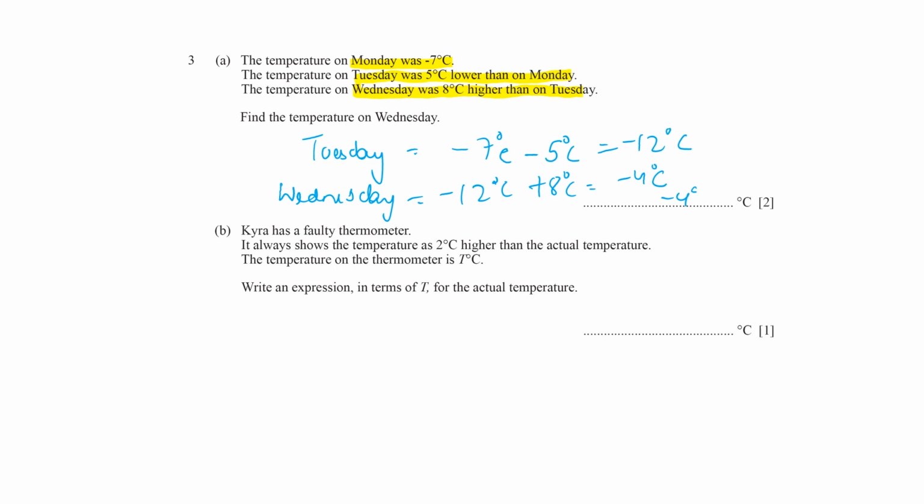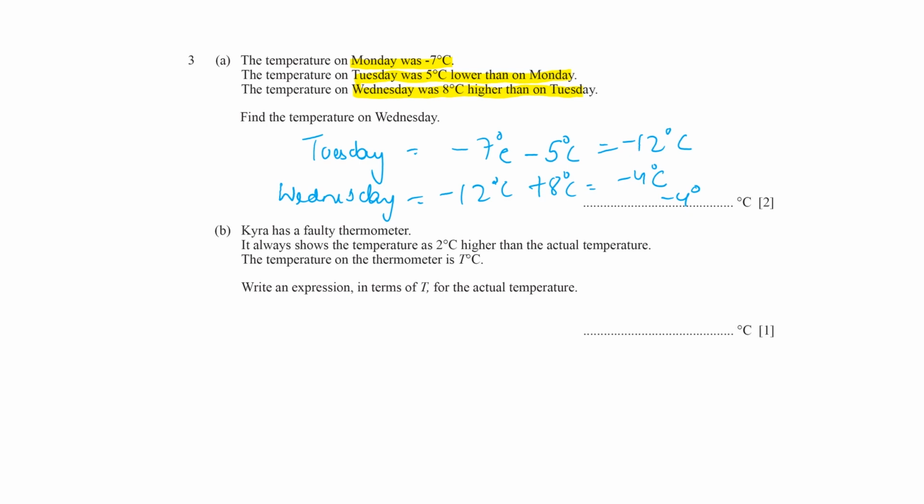Next question. Kyra has a faulty thermometer. It always shows the temperature as 2 degrees Celsius higher than the actual temperature. The temperature on the thermometer is T degrees Celsius. Write an expression in terms of T for the actual temperature.